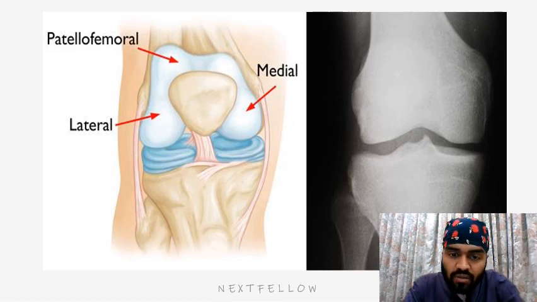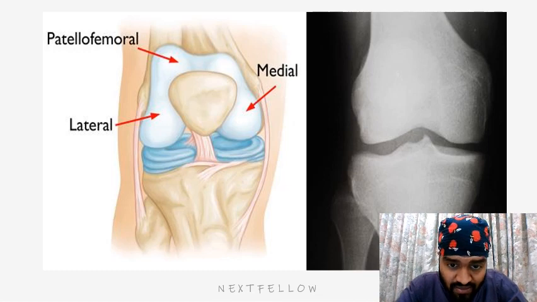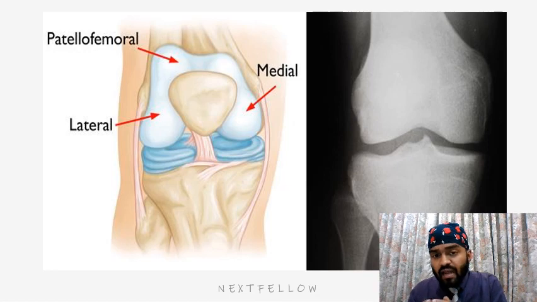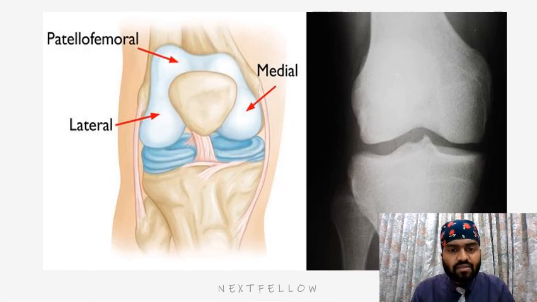So it's very important for us to understand that whenever there is going to be an arthritis, it can be a femorotibial arthritis, it can be a patellofemoral arthritis as well. A femorotibial arthritis can be a medial compartment arthritis or a lateral compartment arthritis.